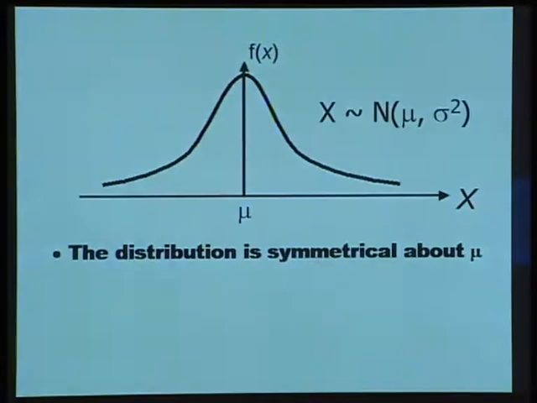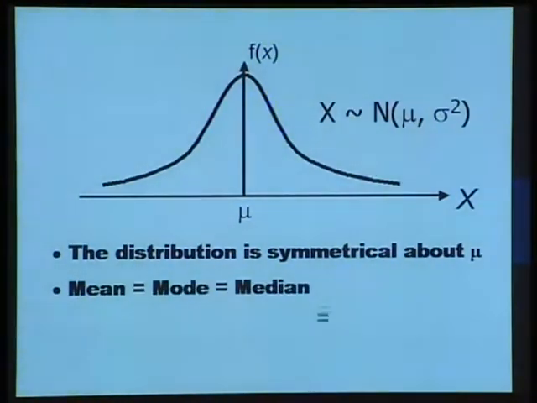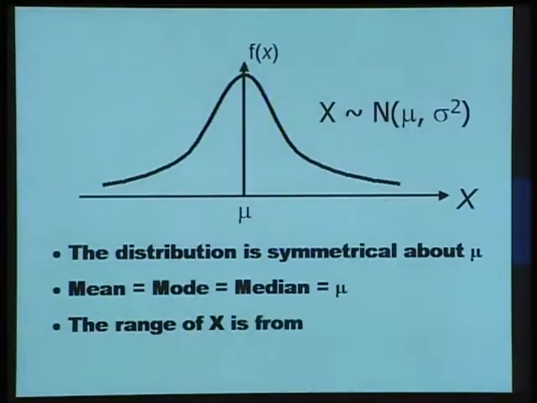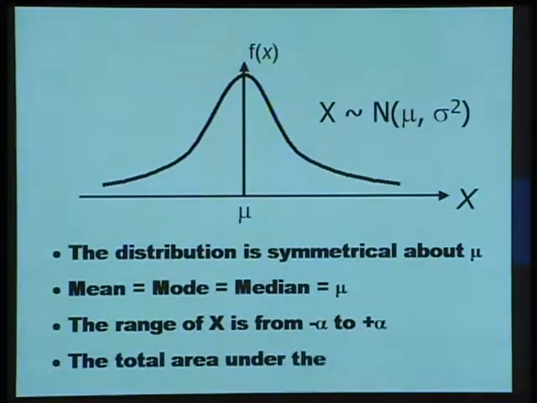The distribution is symmetrical about the mean value mu. For a normal distribution, the mean, the mode, and the median have the same value mu. The range of values of x is from minus infinity to plus infinity. And what is more important is that the total area under the normal curve is equal to 1 unit.